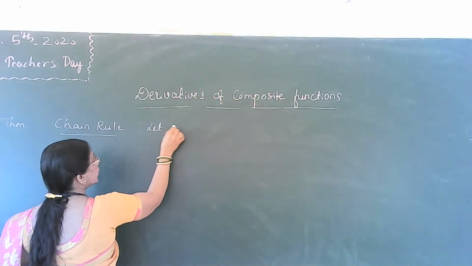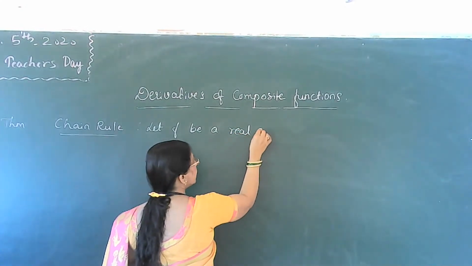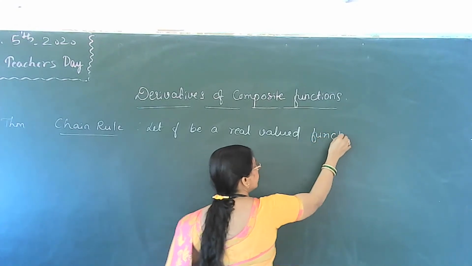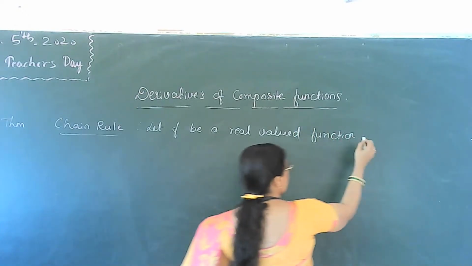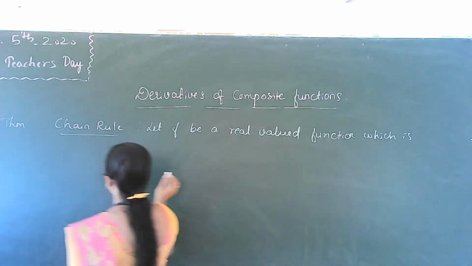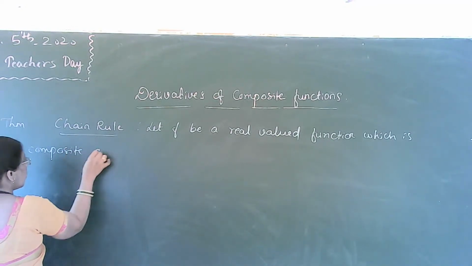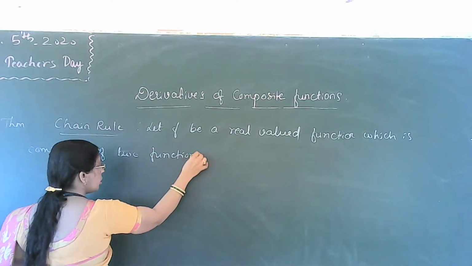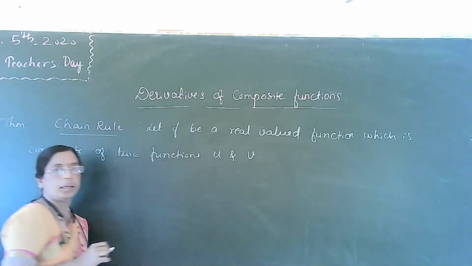Let f be a real valued function which is a composite of two functions u and v.